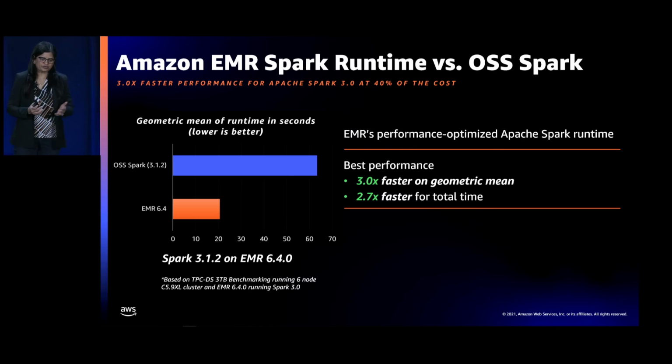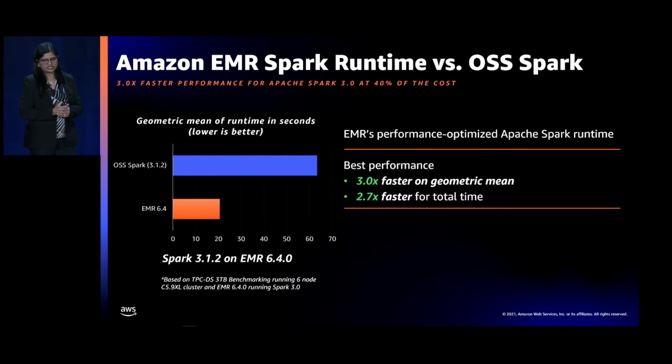And to evaluate the performance improvements, we ran this TPC-DS 3 terabyte scale benchmark on a 6-node c4.8xlarge cluster using version 6.4 and compared it against the open source version of Spark, version 3.1.2.